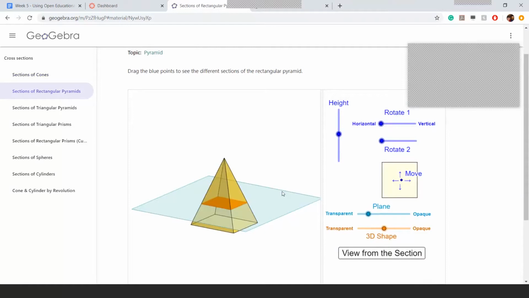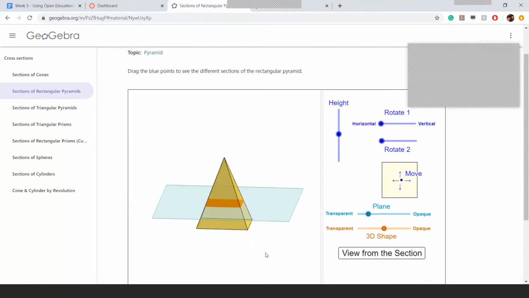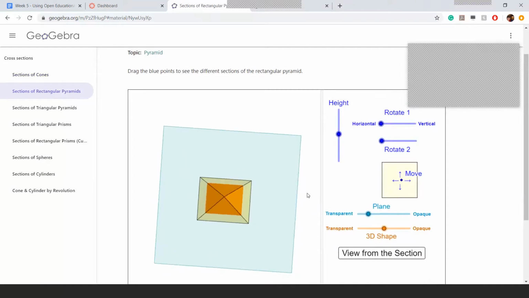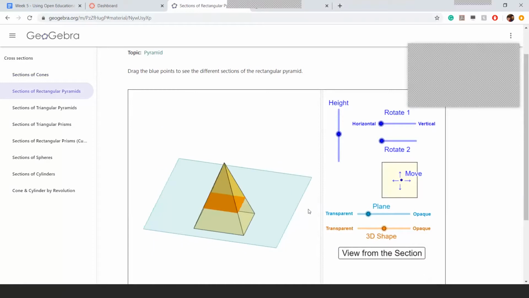I can see right here in my horizontal cut that I have a rectangular cross section, matching its parallel base, which is a rectangle. So for your horizontal cut, you get a rectangle cross section.